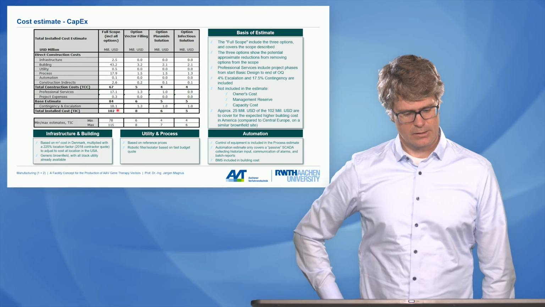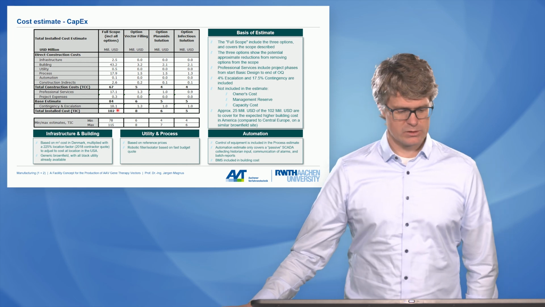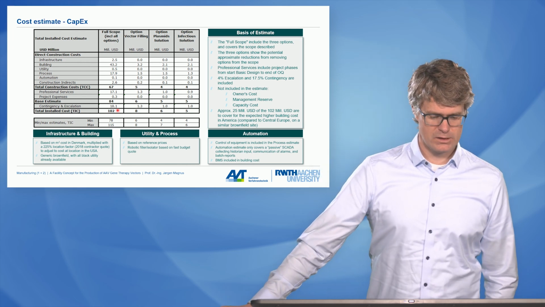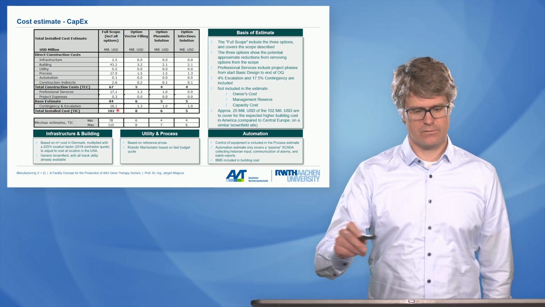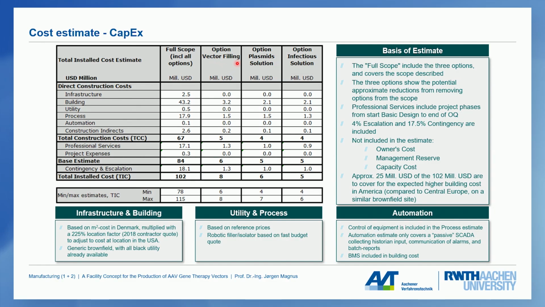And then if you need to reduce those costs, you can consider removing certain functions of this facility. So if you take out the filling and make it just a drug substance facility, you can save 8 million. That is not really a big saving, and you would then lose the option of having filling in the facility, and would have to do that somewhere else.